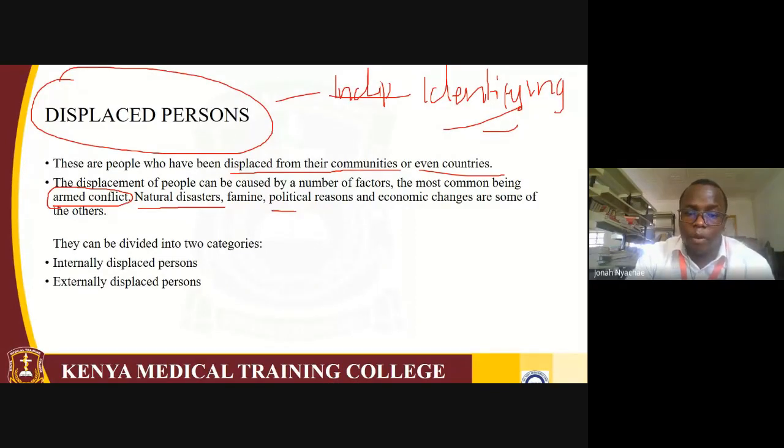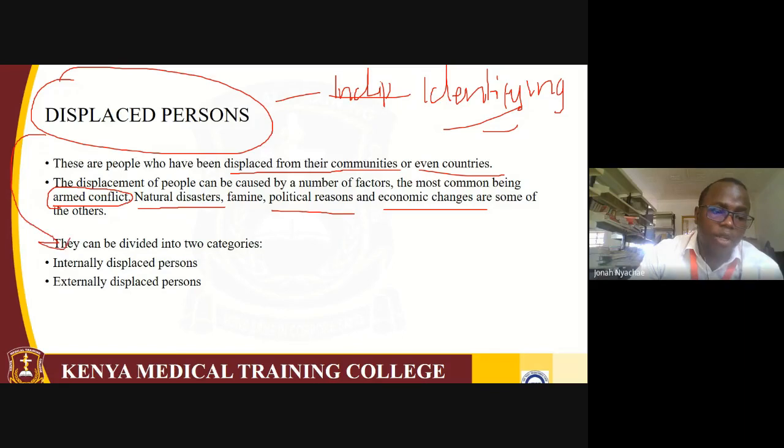It could also be political reasons and economic changes. We can categorize displaced persons into two categories: those who are internally displaced and those who are externally displaced.